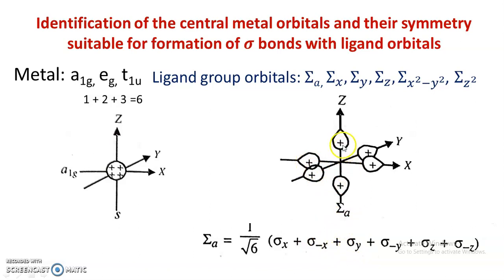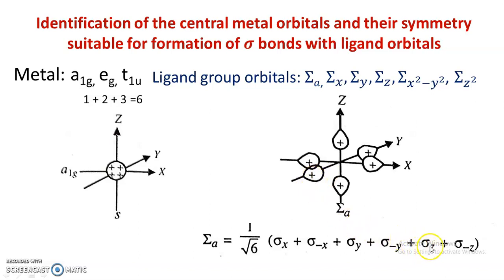plus sigma y. This is the positive lobe oriented along the positive end of the y-axis. So plus sigma y plus sigma negative y. This is for this lobe. This plus sign is for positive lobe. Sigma negative y, this lobe is oriented along the negative end of this y-axis.